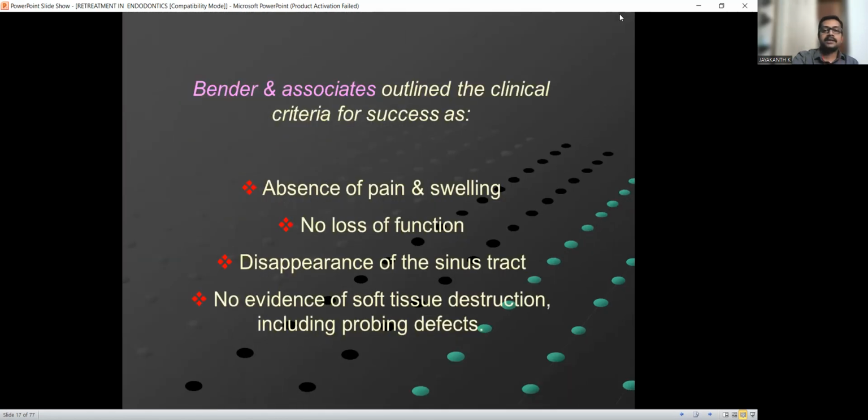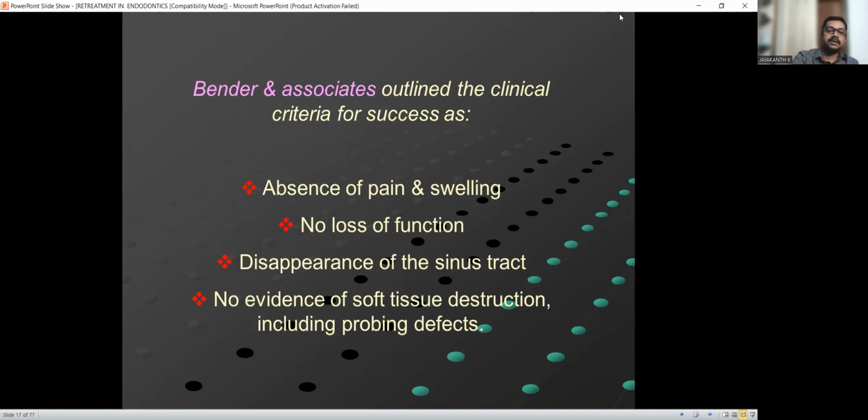Bender and Associates outlined the clinical criteria for success as absence of pain and swelling, no loss of function, that is, your tooth can still function in the desired way, disappearance of the associated sinus tract, and no evidence of soft tissue destruction, including probing defects.